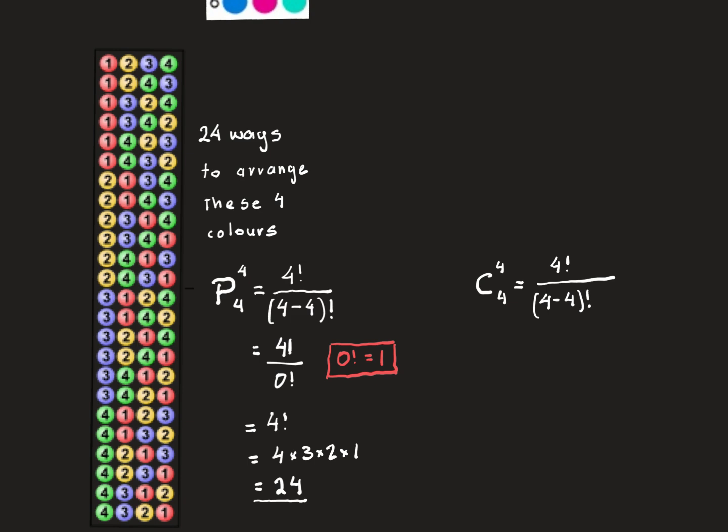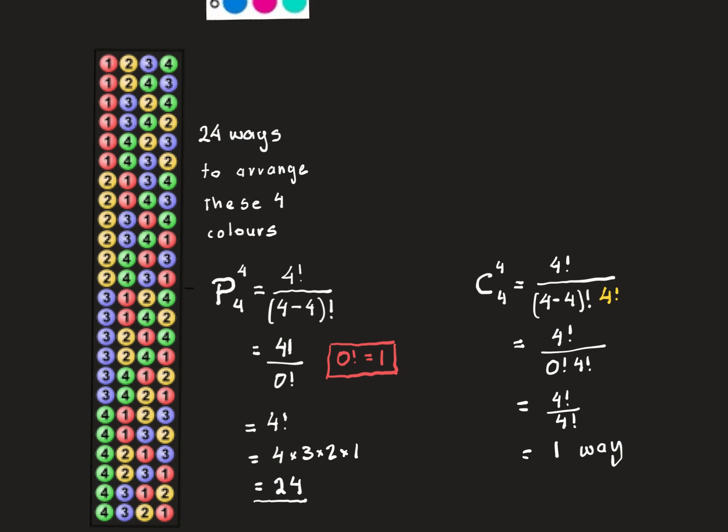And the only difference between the permutations and combinations is that we add another factorial 4 over here. So when we work this out, we will find that we have factorial 4 over 0 factorial over 4 factorial, which is factorial 4 over factorial 4, and we get 1 way.